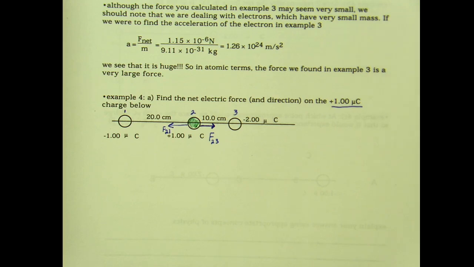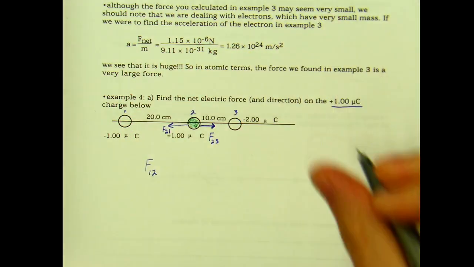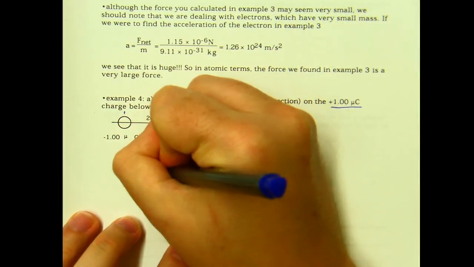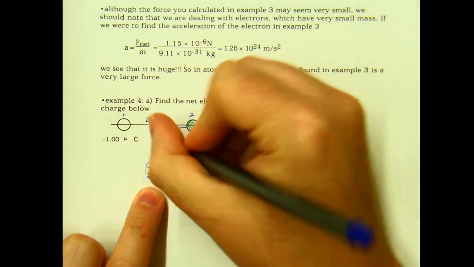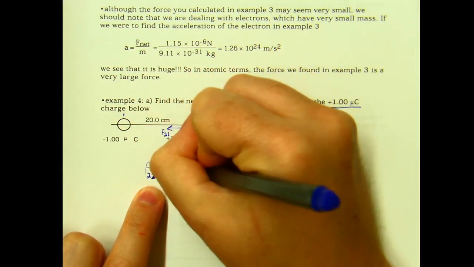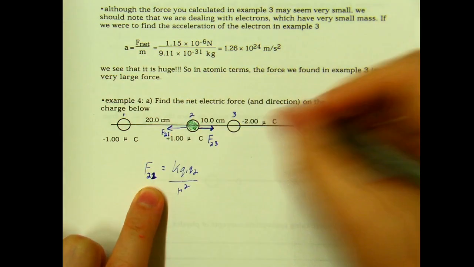And now we can run both sets of calculations now that we know what direction these things are in. So the force on 2 from 1 is going to equal k q1 q2 over r squared.